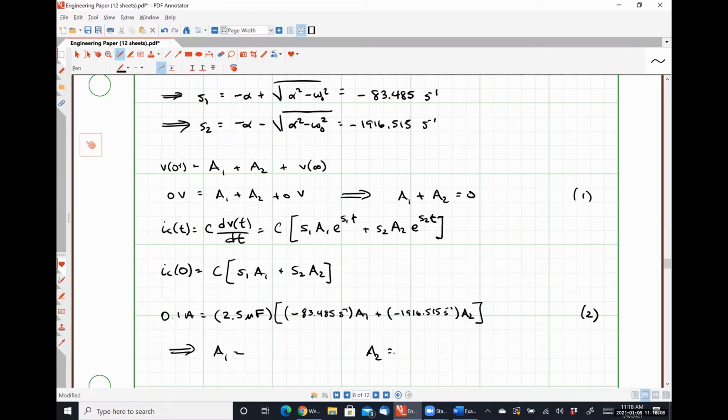All right, so system solver, 2x2 system. Coefficients for the first equation are 1 and 1, equal to 0. On our second equation, we have 2.5 times 10 to the minus 6 times negative 83.485, and then 2.5 times 10 to the minus 6 times negative 1916.515, and this is equal to 0.1.